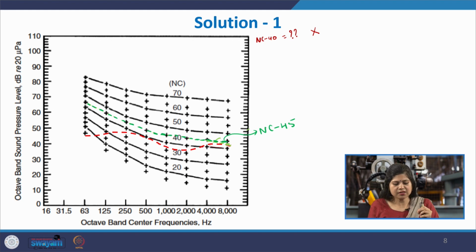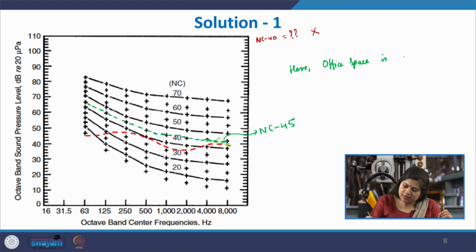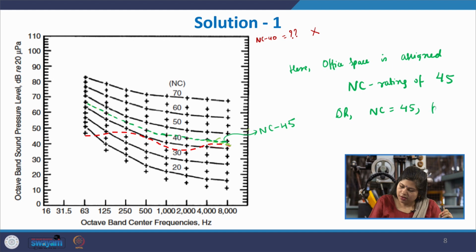So, the nearest highest NC curve becomes its NC rating. Here the office space is assigned an NC rating of 45, or simply you can say NC is equal to 45 for the office space.